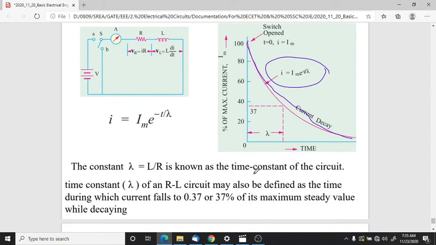Here the time constant definition is the time when it reaches 37 percent of its maximum value. Here the final steady value is 0, it is finally decaying to 0, no? So before reaching 0, whenever it reaches 37 percent, that is the time constant. Okay.